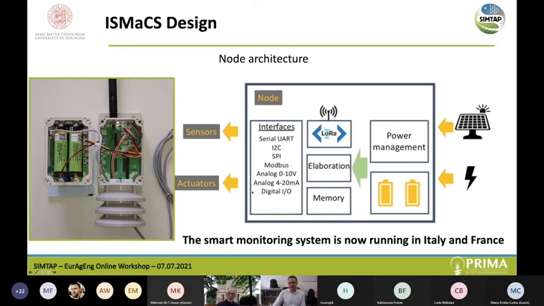So the system is really suitable to both monitor and control. Now we have the system running in Italy in Pisa and in France at the Lycée de la Mer et du Littoral, but we are ready to cover also the other pilots.